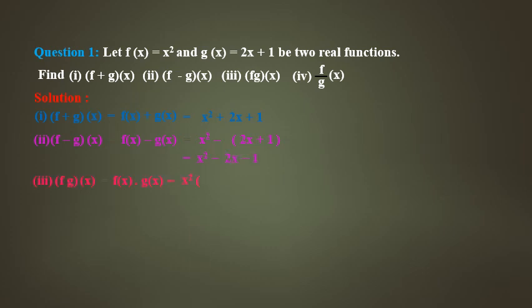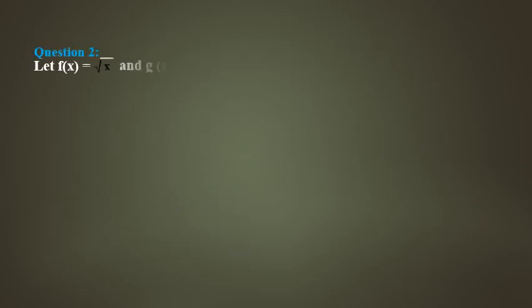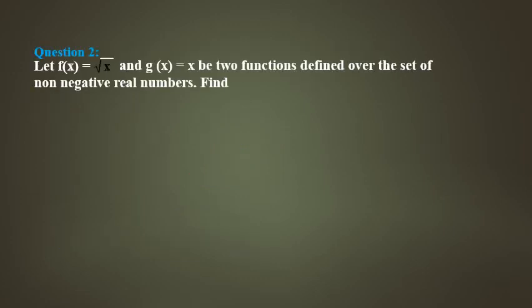Next one, multiplication, it is very simple, x square in the bracket 2x plus 1, you get 2x cube plus x square. And the last one is simply you keep as it is, you can't do anything else here. Yes. So where x should not be equal to minus half. Next question, we go with the two functions, f of x is root x and g of x is x be the functions.